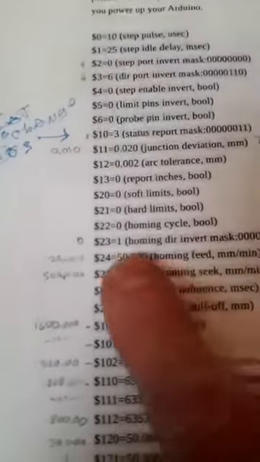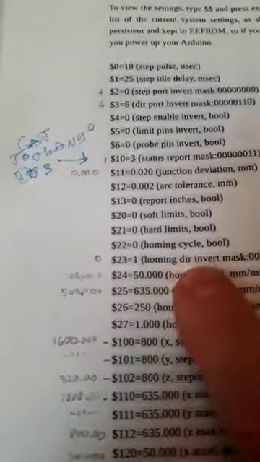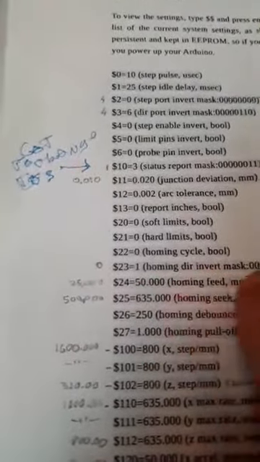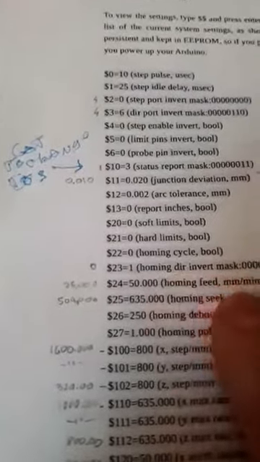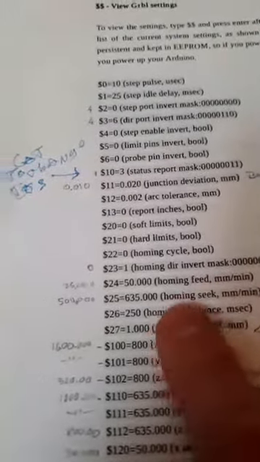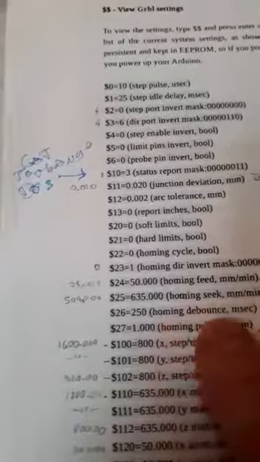And there's a lot of different things here. For example, if you're going to put in homing switches. Here it says homing DIR invert mask, homing feed, homing seek, homing debounce.